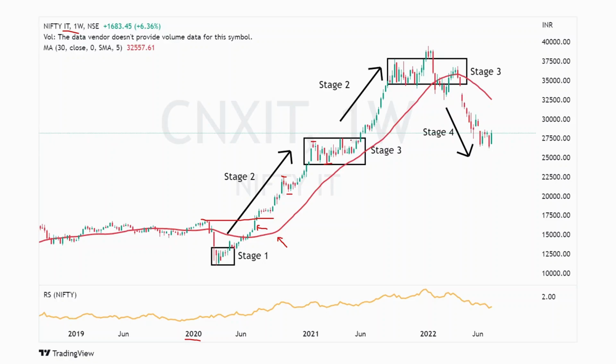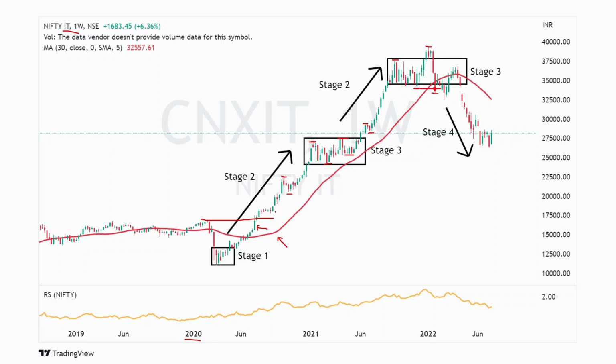Then we formed a temporary stage 3 where equal highs were formed, but we quickly moved into a higher low, and then the price made a higher high, higher low, and continued to move up, made another higher high, higher low, higher high. But this is where the previous low got violated, and we also moved below the 30 weekly moving average, and eventually the sector turned.